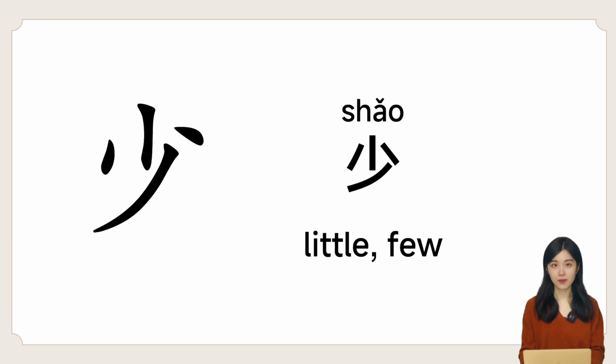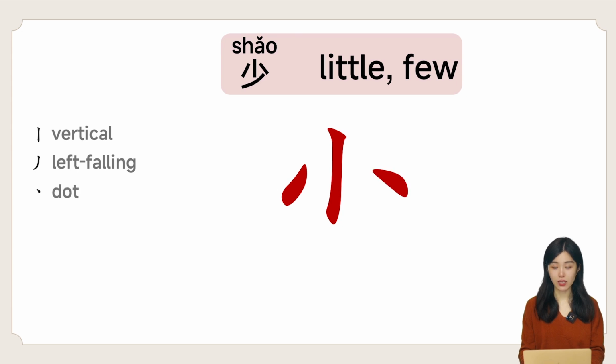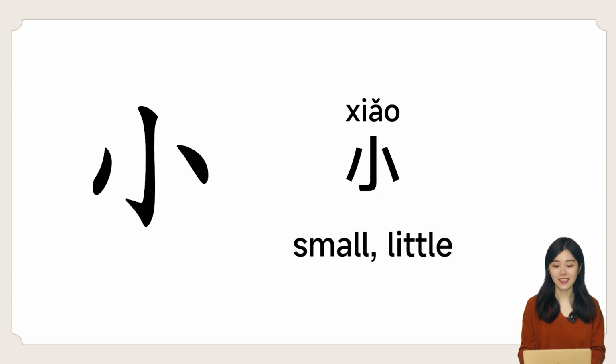See how to write it? First we write the vertical stroke. Next we write the left falling on the left. Then we go to the right side to write a dot. Finally, we write the left falling on the bottom. Great. Next example character. 小 means small or little.